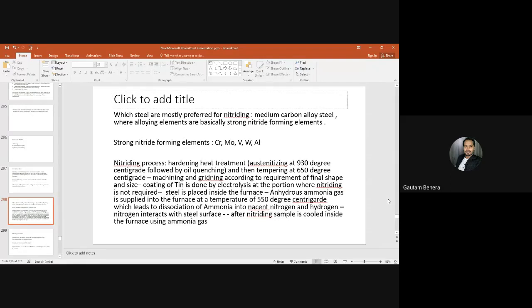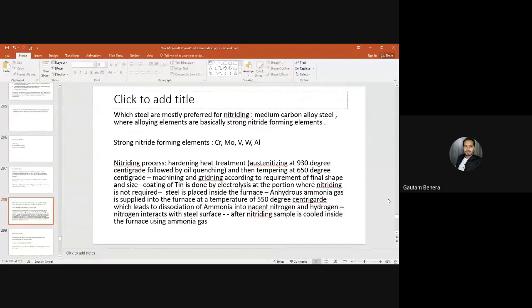The last stage will be nitriding. It is not like you do nitriding and then some finishing operation, such as post heat treatment, post grinding or machining. These are not preferred after nitriding. We have to finish everything before doing nitriding.